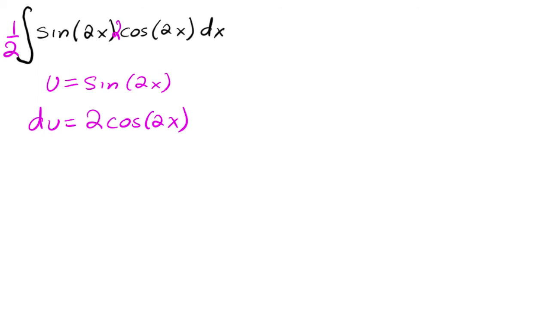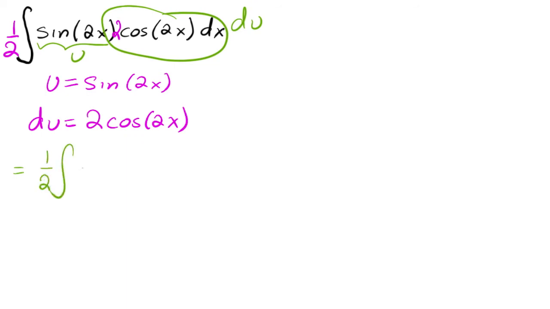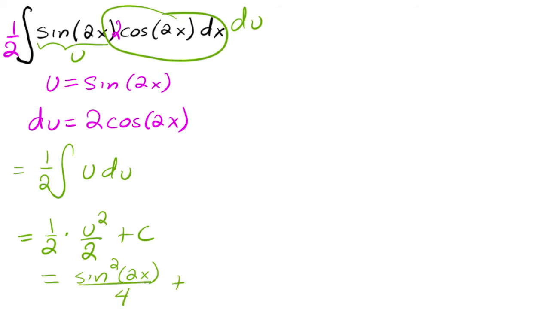And so this right here is going to be your du, and then sine of 2x is just your u. And so then what you have is 1/2 times the integral of u du, right? And so then this is just equal to 1/2 times u squared over 2 plus c. So this is just sine squared of 2x over 4 plus c. And that's it.